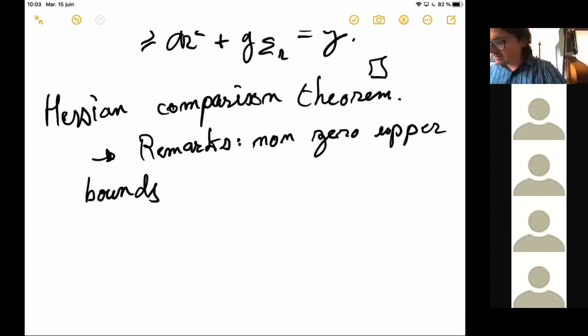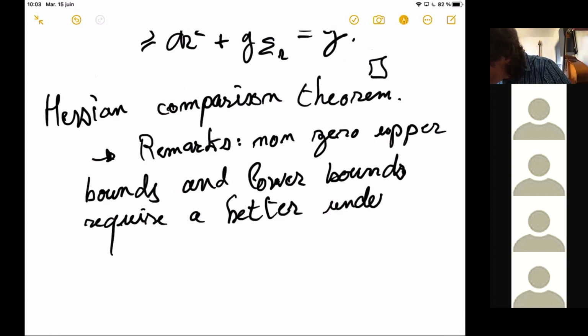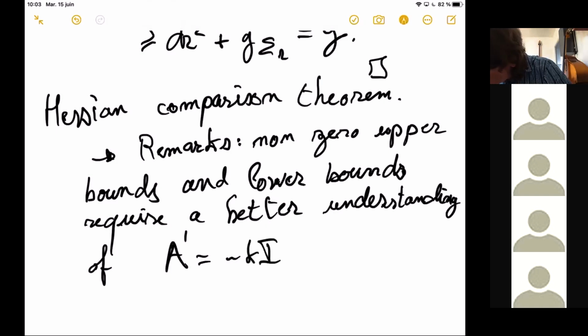But let's just say that non-zero upper bounds and lower bounds require a better understanding of this matrix Ricci equation.